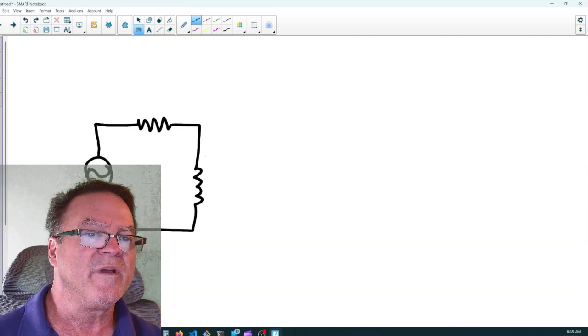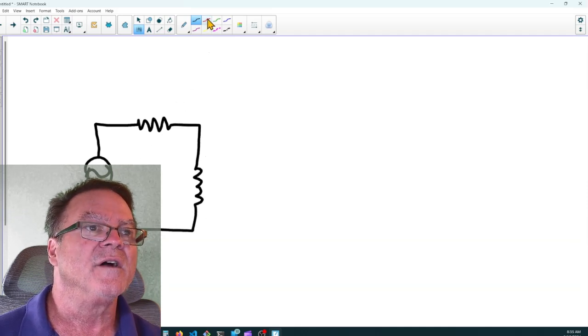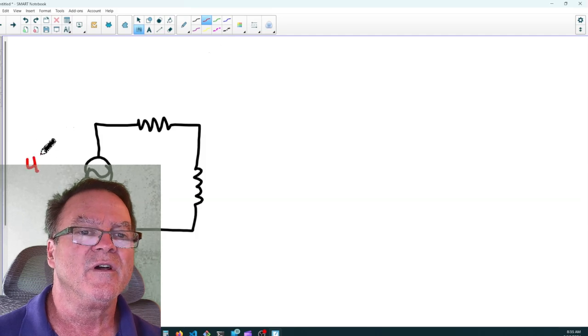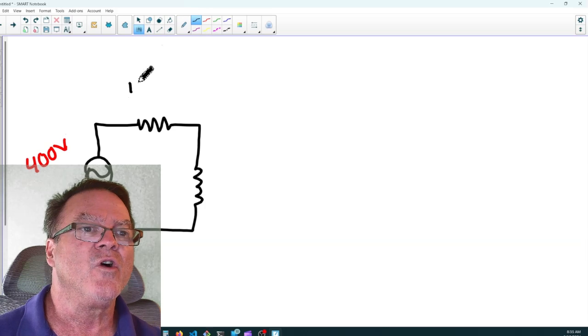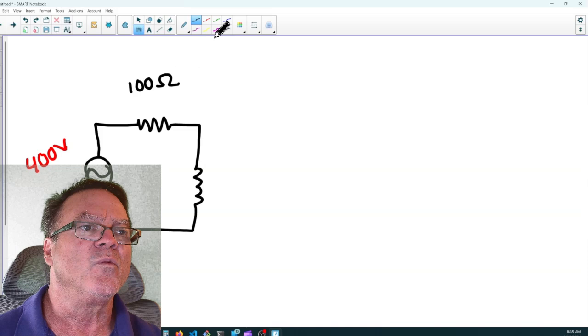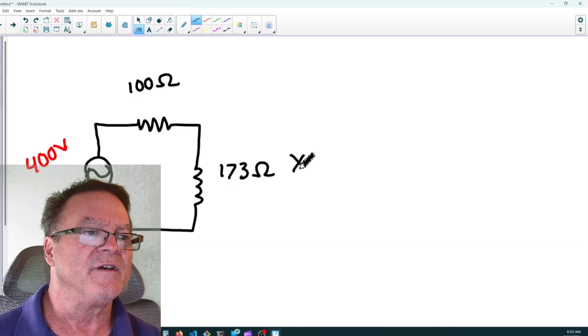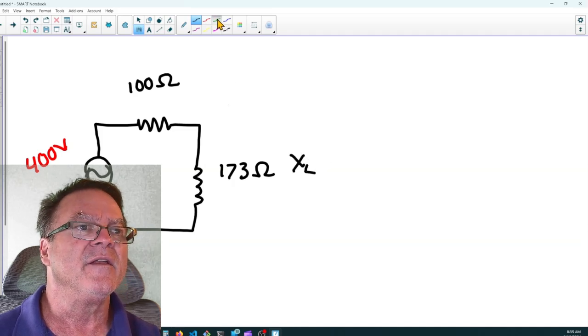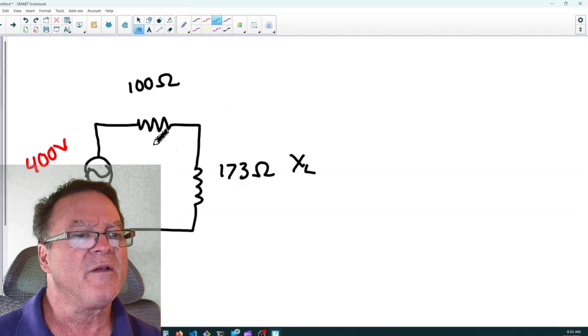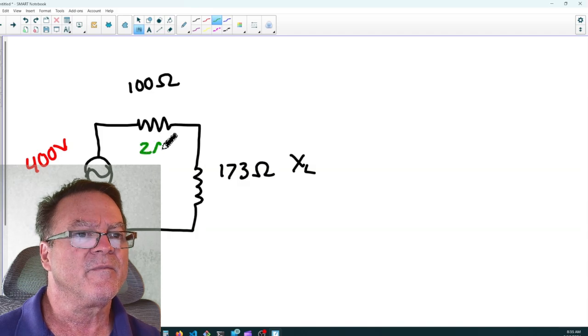They already told me some of the givens: 400 volts, 100 ohms, and 173 ohms of inductive reactance. And they said 2 amps. I wonder how they came out with 2 amps, but okay, 2 amps.